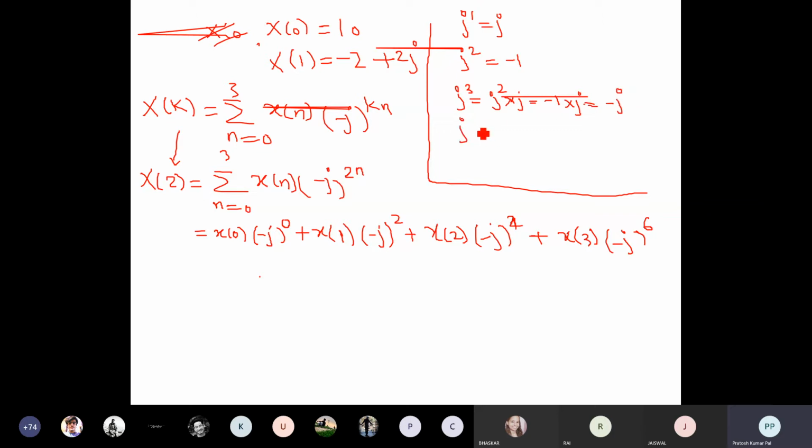Similarly, j to the power 4 will be j to the power 2 to the power 2, and j to the power 2 is minus 1, so minus 1 the whole square will be equal to 1.